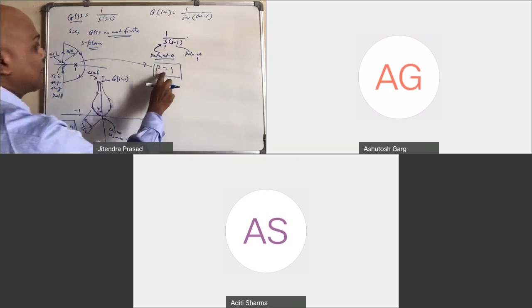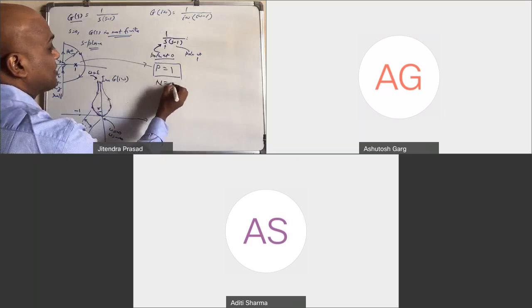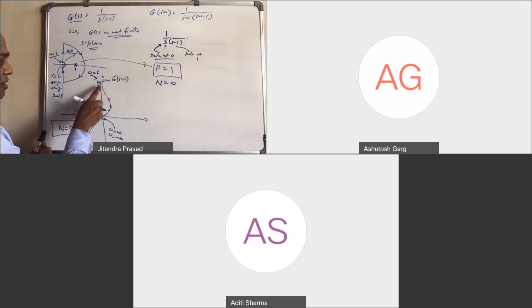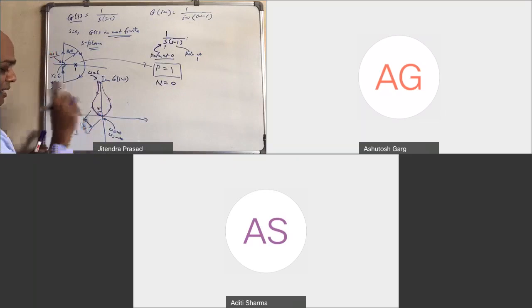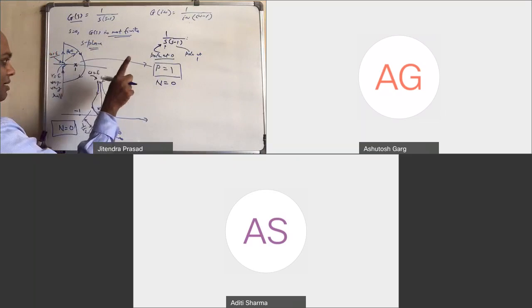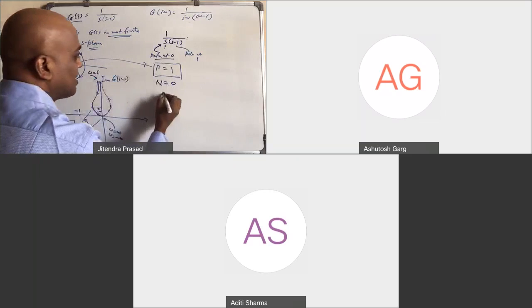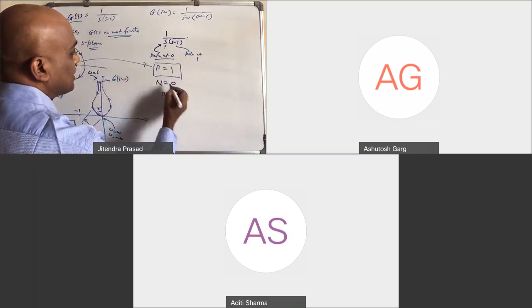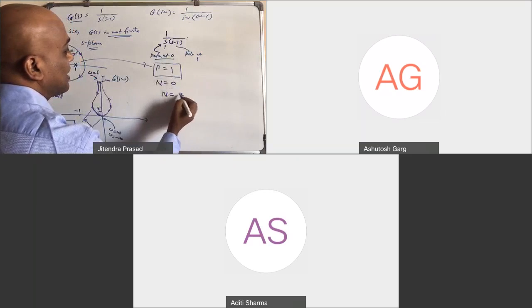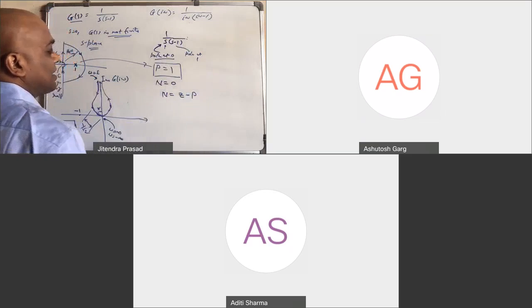So we know that P equal to 1, and N equal to 0. That we know from the Nyquist diagram. Number of encirclements of -1 is N, which is 0 in this case. And here we know that there is a pole equal to 1 in the right half S plane. Hence, N equal to Z minus P, right?